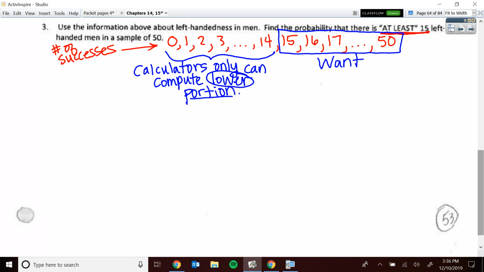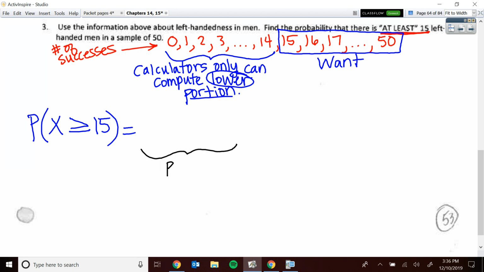So here comes our formula. We want to find the probability that we have greater than or equal to 15 successes. All right. So remember, we're going to write out the first formula. So the most you have to do is 2 formulas. We're going to do the first formula, which is probability that we have 15 plus ... plus the last one, which the last one is, what's the most amount? 50.